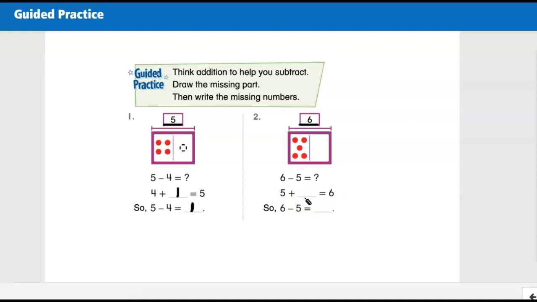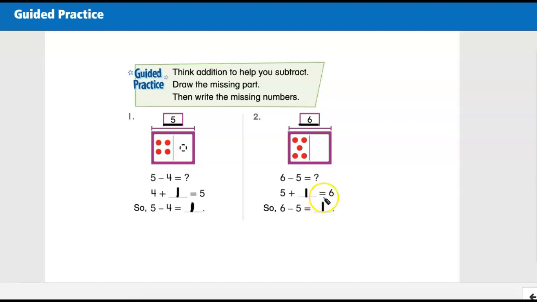Well, let's think. When I count, I can count 1, 2, 3, 4, 5, 6. So I know that 6 is just one more than the number 5. Or I could use my fingers and say 5 fingers plus 1 finger is equal to 6. So if 5 plus 1 is equal to 6, when I look back at my subtraction problem, 6 minus 5 is equal to 1.